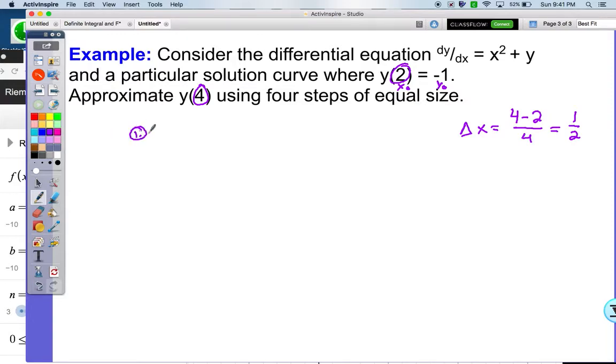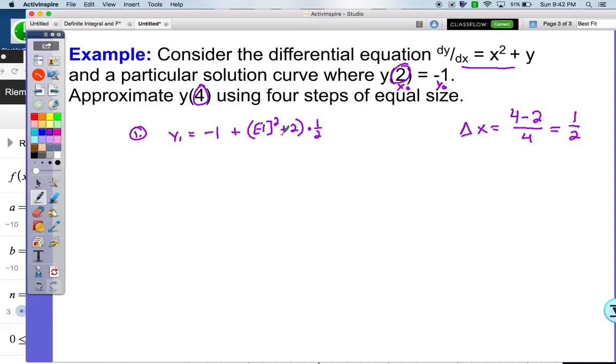Step 1, y sub 1 is going to be my initial y value of negative 1 plus my derivative at (2, negative 1). So negative 1 squared is 1 plus 2 would give me 3. I'll go ahead and write that out here: negative 1 squared plus 2 times my delta x, which is 1/2.